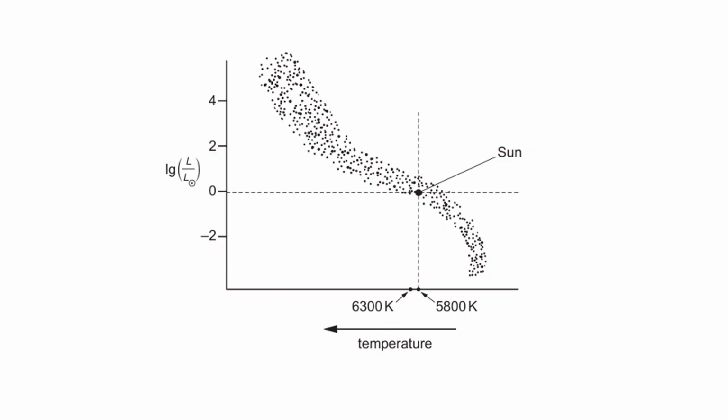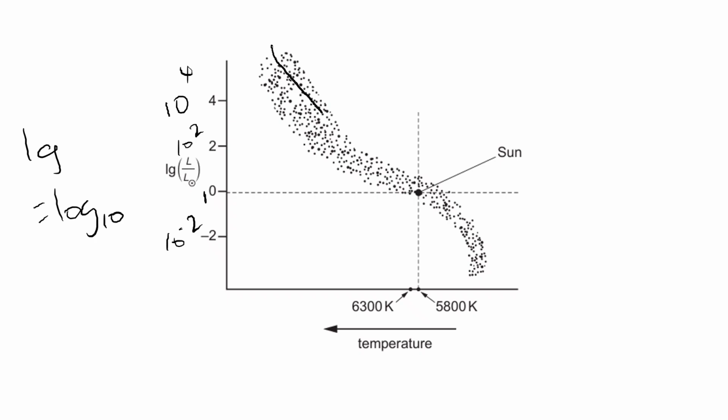Okay, you need to recognize the HR diagram. On the scale, it's usually 10 to the 4, 10 squared, 1, 10 to the minus 2. But here they've just logged it. So on this side, LG means log to the base 10.